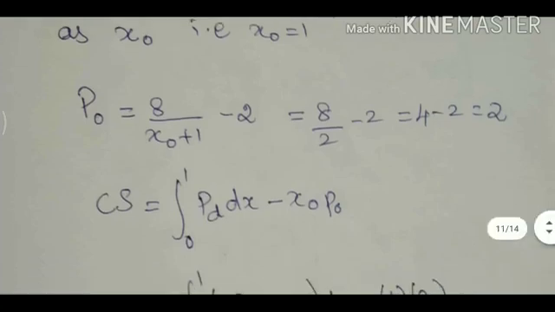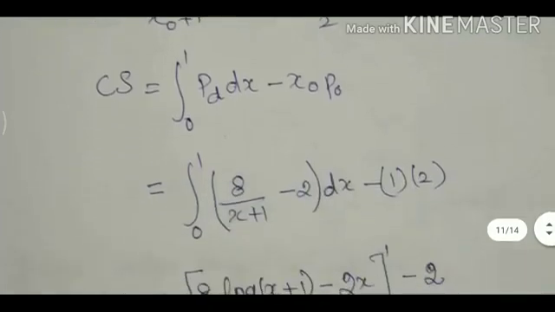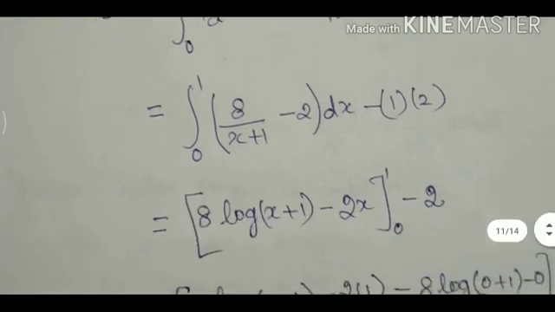Therefore, we are finding the value of consumer surplus by applying the values of x naught and p naught: the integration from 0 to 1 of PD dx minus x naught p naught. Here the demand function is 8 by (x plus 1) minus 2 dx, minus the value of x naught equal to 1, p naught equal to 2.